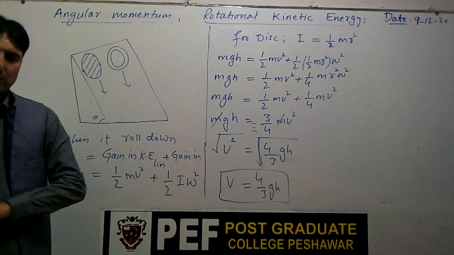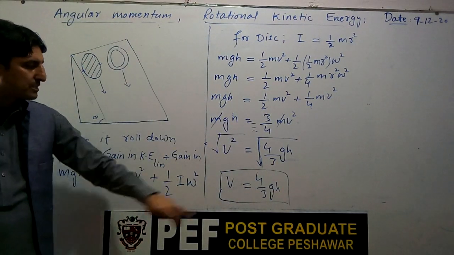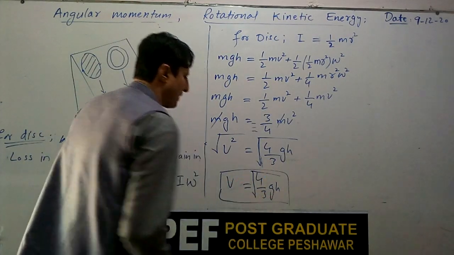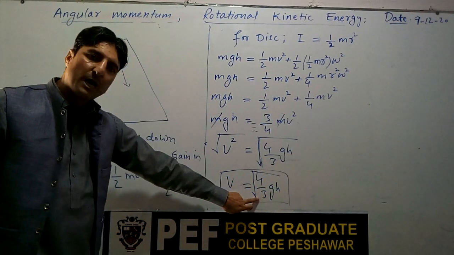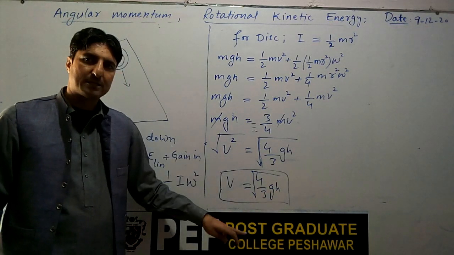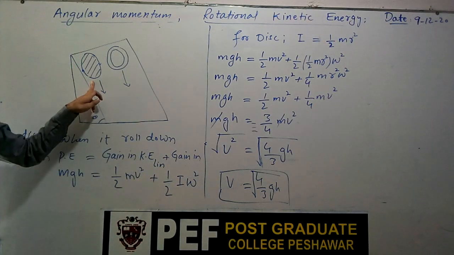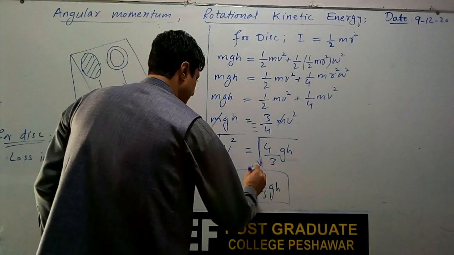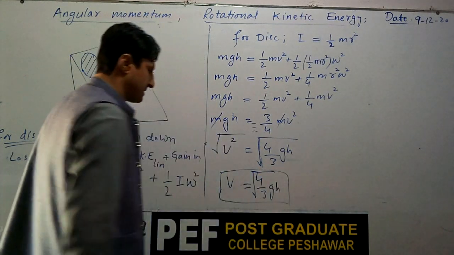Now from this equation you can see that velocity, this is under the root, velocity of the disk does not depend on the mass, because there is no m in this expression. It depends on acceleration due to gravity and h.